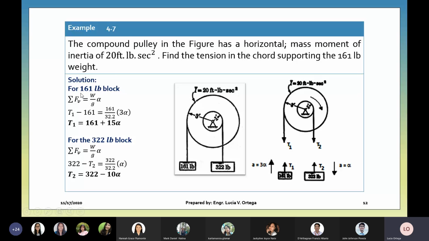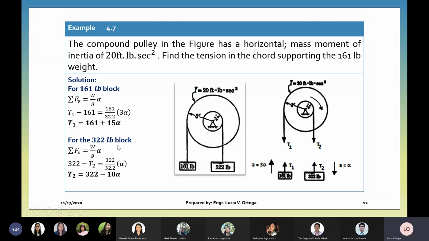Okay, for the 161 block, summation of forces vertical is W over g times alpha. So T sub 1 minus 161, the weight, is equal to W over g times alpha, which is 3 alpha. So T sub 1 is 161 plus, we transfer to the other side, so we have the equation for T sub 1.